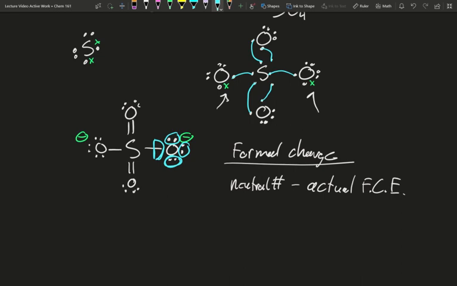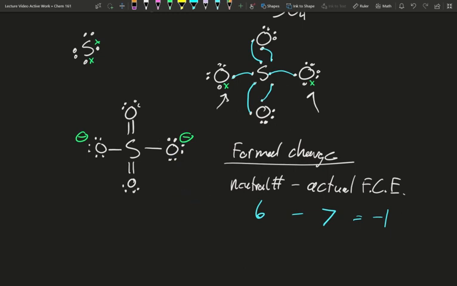Shared electrons, you only count half of them. And so that oxygen sees 7 formal charge electrons. Well, oxygen normally wants 6 when it's neutral. So 6 minus 7 is minus 1. It has a minus 1 charge. There are more electrons in control than it normally thinks it should have. And so why is that oxygen a minus? Well, because it has a little bit more electrons.